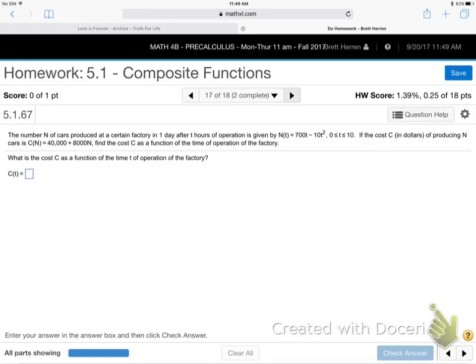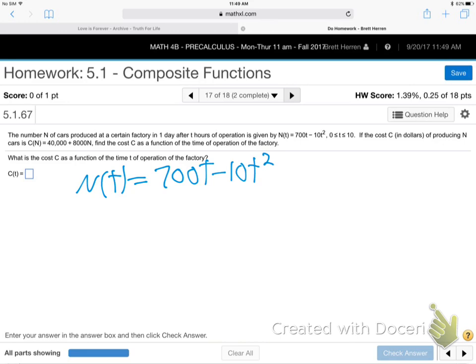All right, so let's go on. Number of cars produced in a certain factory, 1 day after T hours of operations, is given by, boom. Number of cars is 700T minus 10T squared.